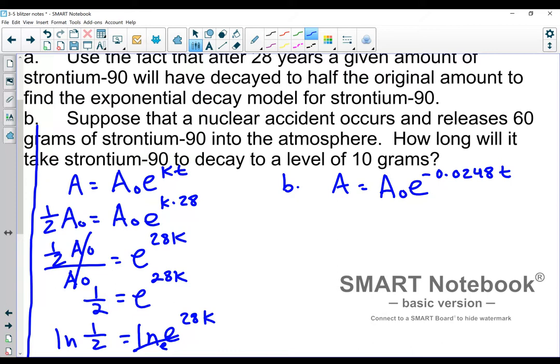So let's just kind of think about this and just do some quick math. If we start out with 60, after 28 years, we're down to half, which is 30. After another 28 years, we're down to 15. After another 28 years, we're down to 7.5, right? Every 28 years, that amount is dropping in half. So if we want to get this down to 10 grams, it's going to be somewhere between, let's see, 28 and 28 is 56.